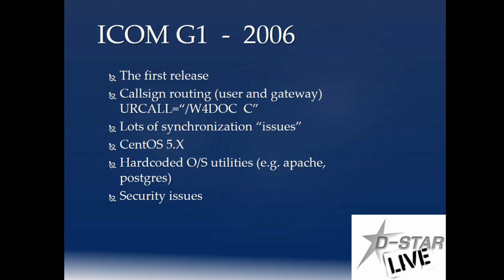And so we had a data center hardened, proven, very stable version of Linux to run on. One of the problems was the Icom software, instead of using the packages like the web server and the database server, which are Apache and Postgres, that come with the operating system and get updated with security updates, took those software projects and compiled them into the version 1 software.